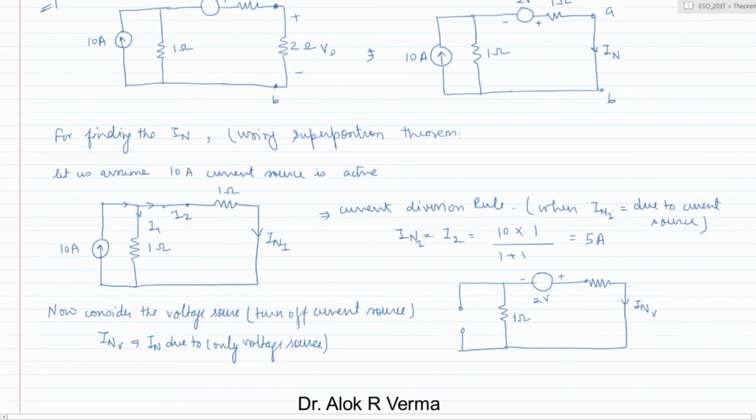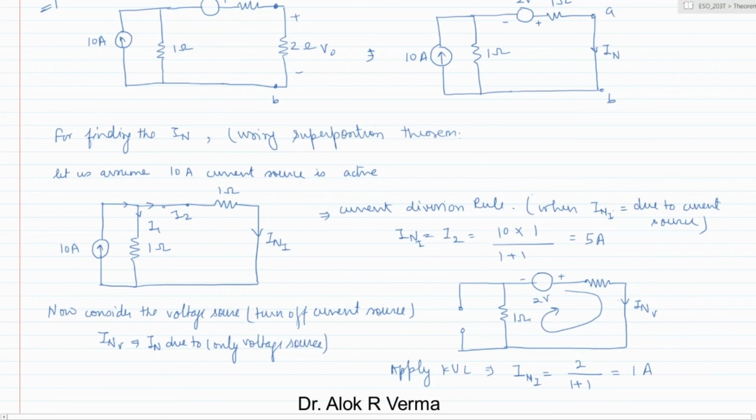Now current will flow like this, so we apply KVL. INV is nothing but V by total R, which is 2 by 1 plus 1. So this is 1 ampere. The current IN is 1 ampere in the same direction.